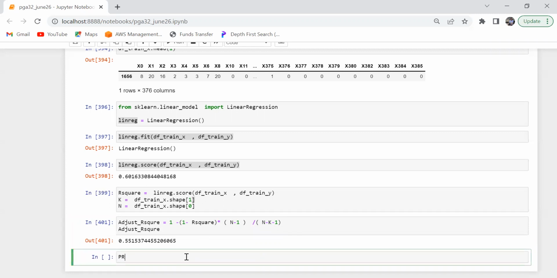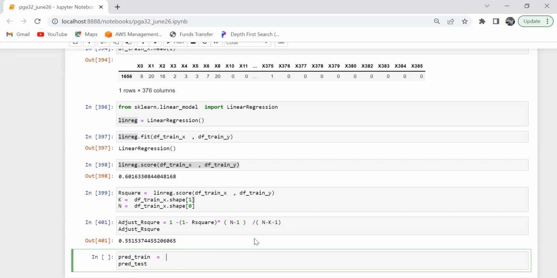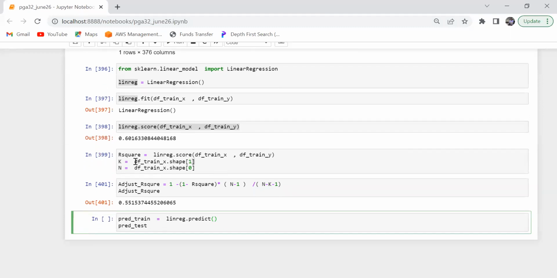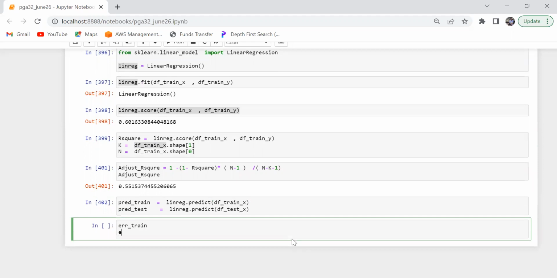Let's do one thing. Let me say prediction on the train data and prediction on your test data. So for doing the prediction on the train data, I'll say this dot predict, and I'll pass my train x. And for doing the prediction on my test data, I'll pass my test x. Okay. Error train, error test.